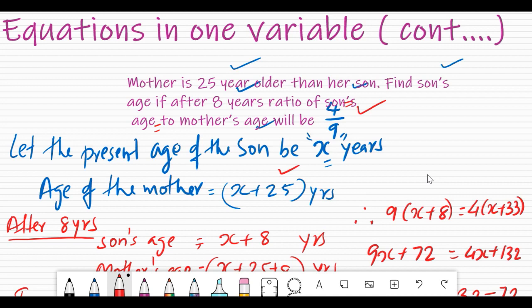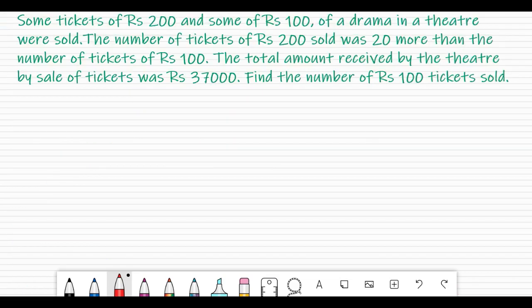Okay, we can consider another example now. I will bring the question over here and will try to explain to you how it can be solved. Here is another question or another situation, again from your textbook. Some tickets of rupees 200 and some tickets of rupees 100 of a drama in a theatre were sold.